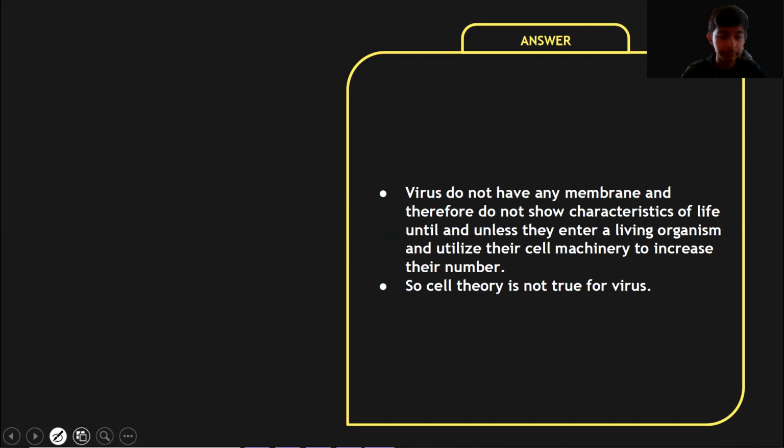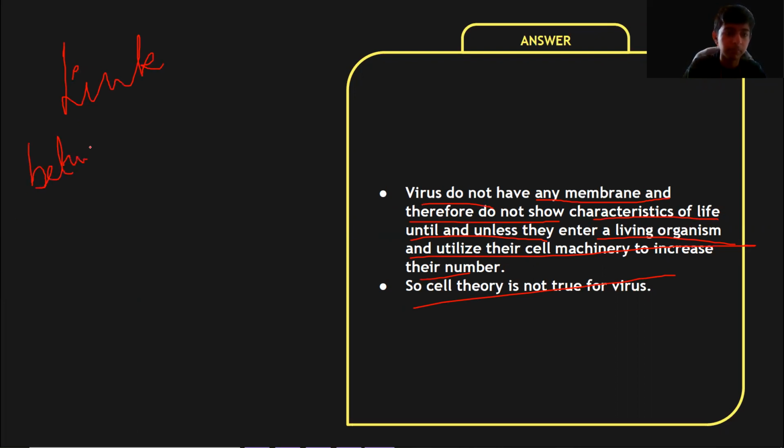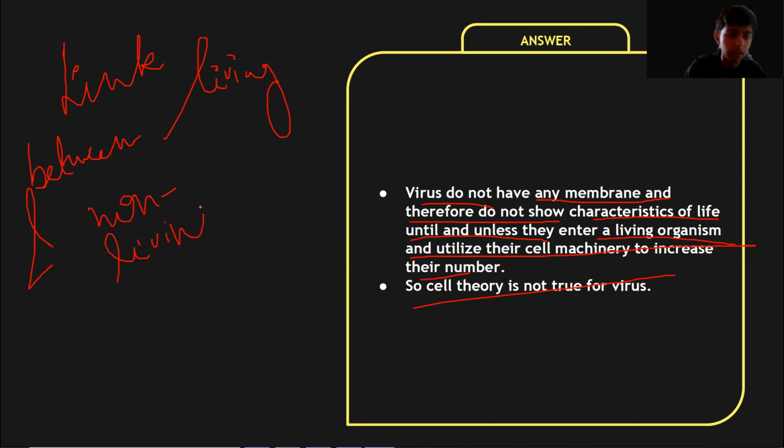Let's try to understand this. Virus do not have any membrane and therefore do not show any characteristics of life until and unless they enter a living organism and utilize its cell machinery to increase their number. So cell theory is not true for virus. See, what do virus do? First thing, they are the link between living and non-living. Why is it so?